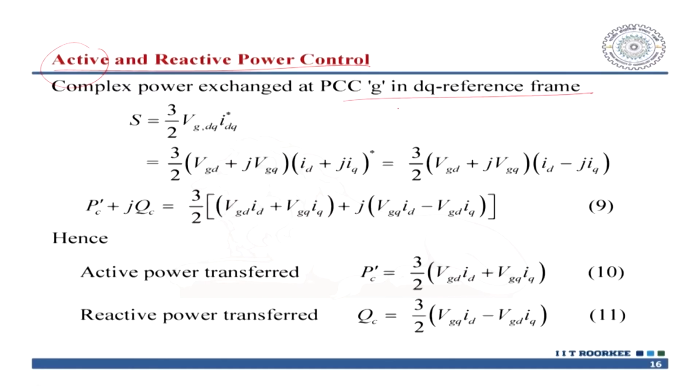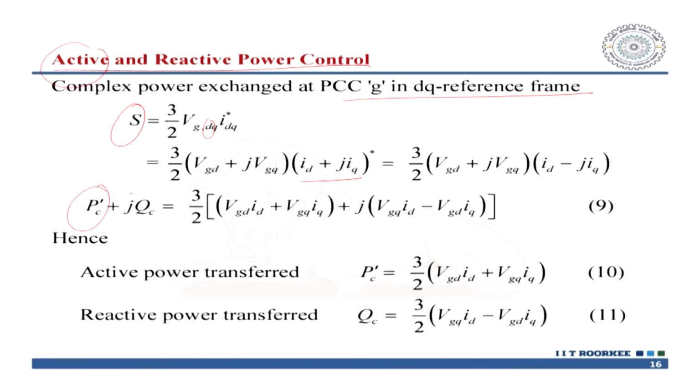So, complex power is exchanged, because it has both components in the DQ frame of reference, and that complex power, or the apparent power, we can write as 3/2 Vg, the voltage dq, into Idq star. So, if you expand, you get 3/2 (Vgd plus j Vgq) into (Id minus j Iq).